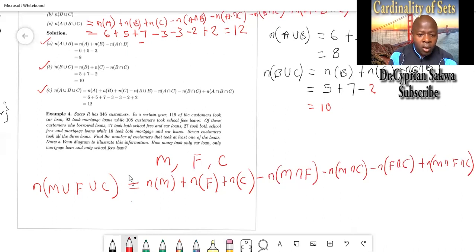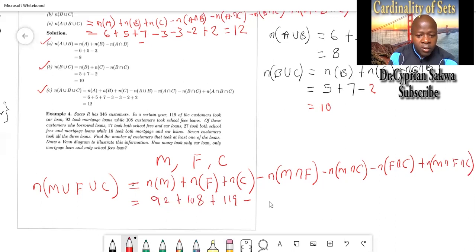So how many took mortgage? The question says 92 took mortgage, 108 took fees, and car loans, they were 119. Those that took fees and mortgage, that's what we're looking for.